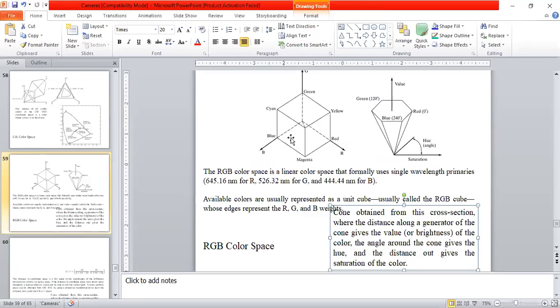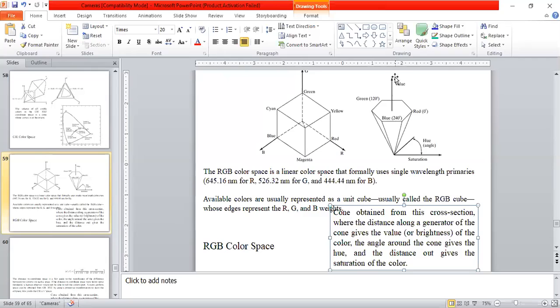So when we represent all the available colors in an RGB space, we can fill all the different colors available within a cube of unit length. And when we see the cross section of that cube, we'll get a cylindrical shape, right? Or a conical shape, right?